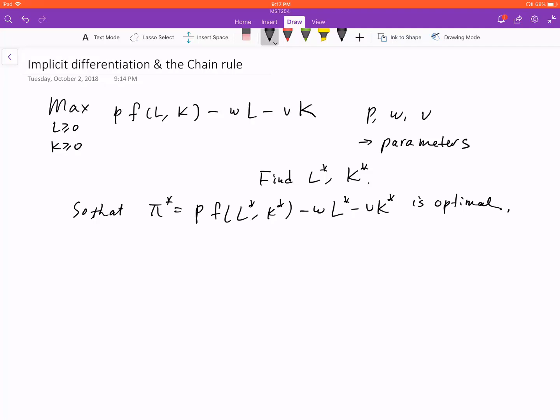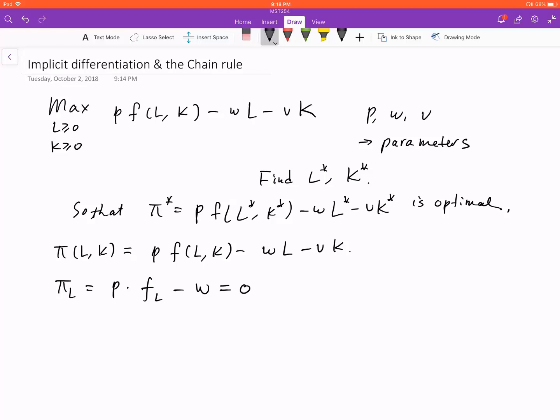So now we start from this pi function. Pi is a function of L and K, and that's equal to P F(L, K) minus WL minus VK. So we take two partial derivatives. With respect to L, we're going to have P, and here F is unknown, so we just use F sub L to denote the derivative, minus W, and then we set the derivative to 0.